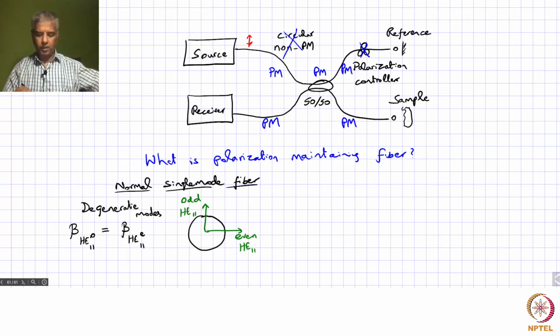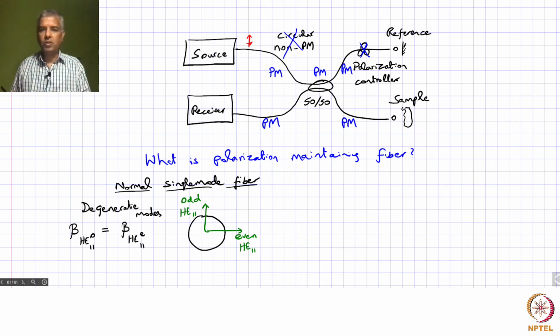The effect of that is that if you launch polarization along one of those axes, let's say a vertical axis, there is nothing that prevents it from coupling to the horizontal polarization, right? So any small abnormality in the fiber, like we talked about the ellipticity of the fiber, can scatter light from this polarization mode to this polarization mode, right?